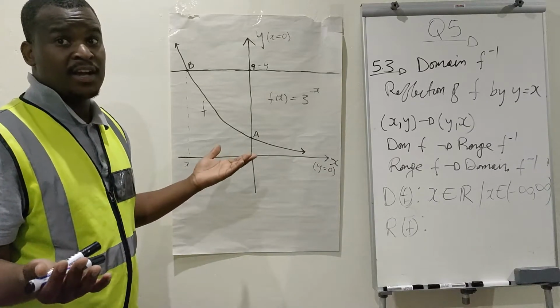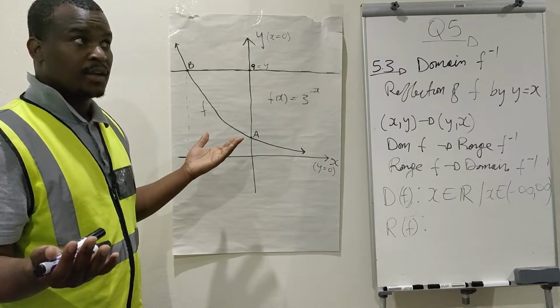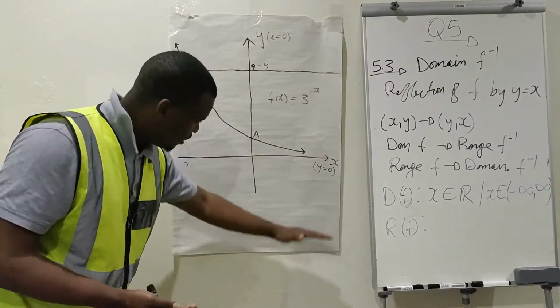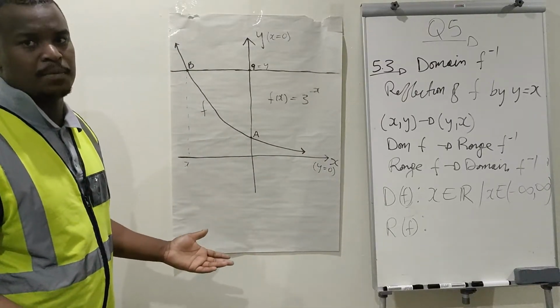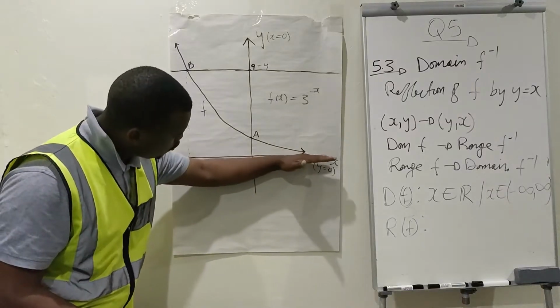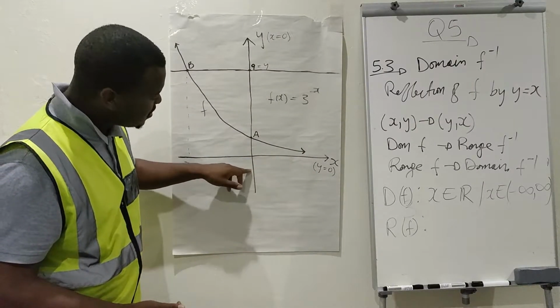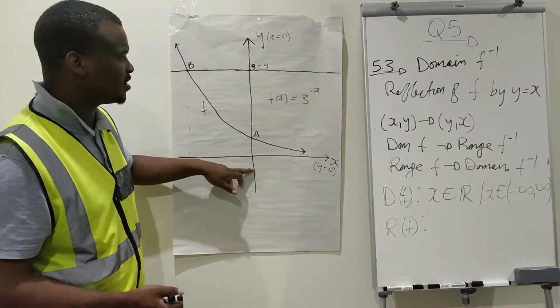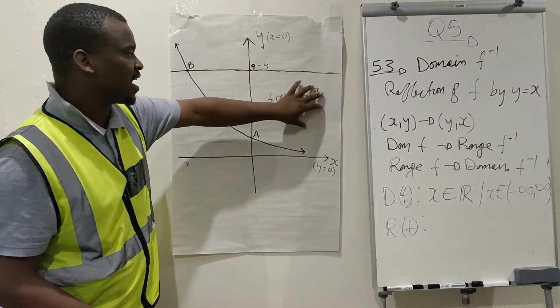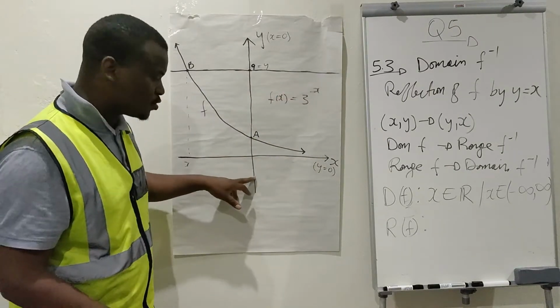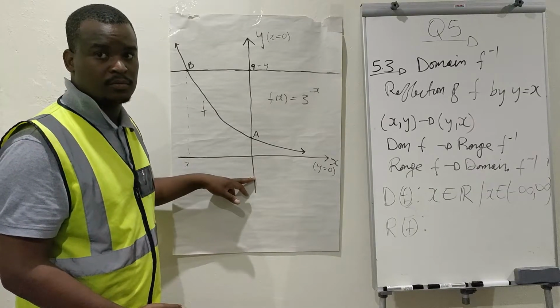That's how you define a range. The values below 0 we can't use, because our function is not defined there. If you take -1, there's no way this function can get to -1, right?